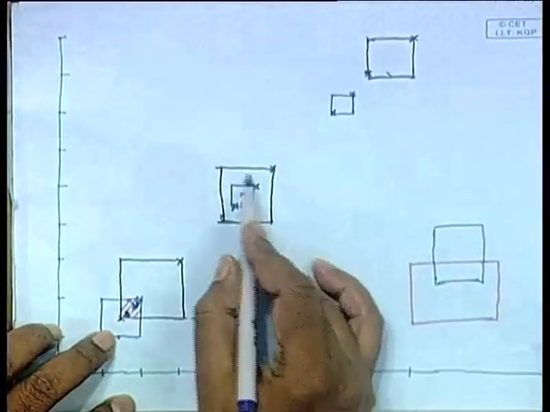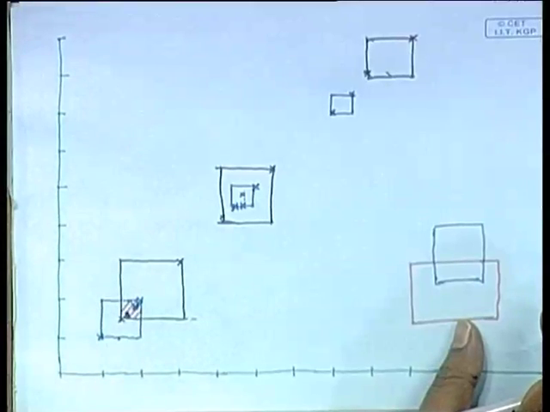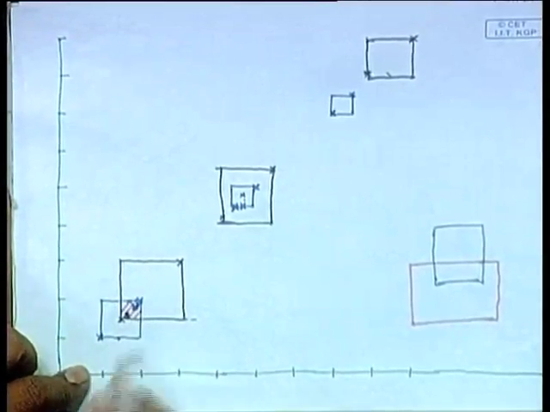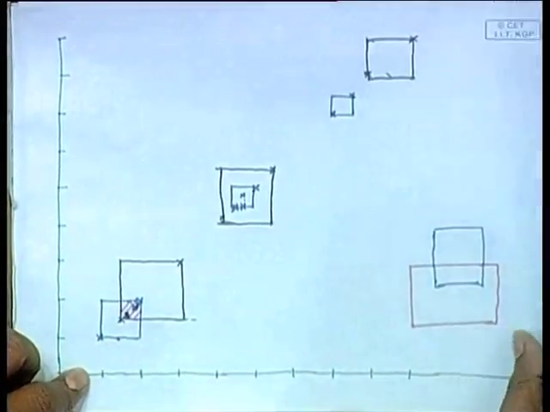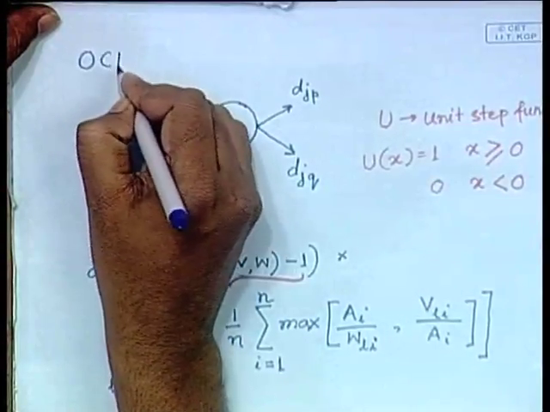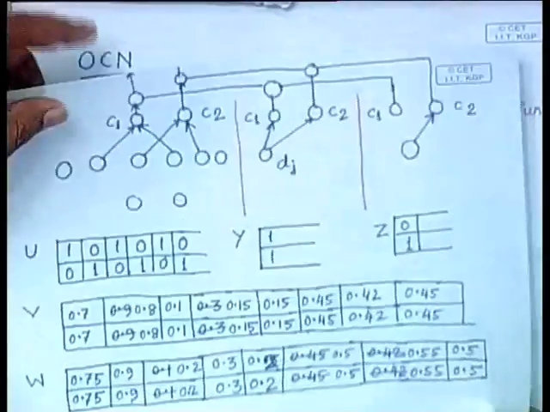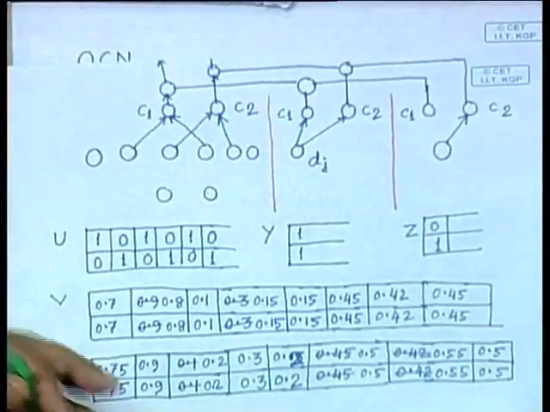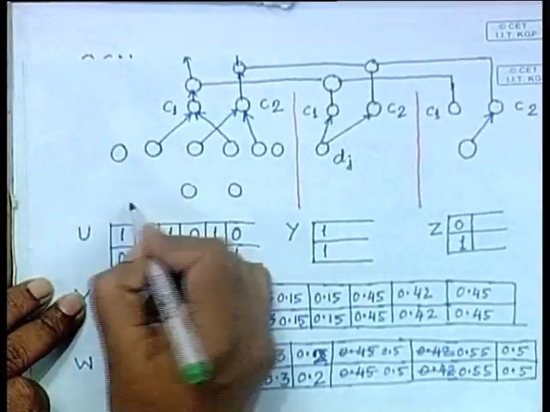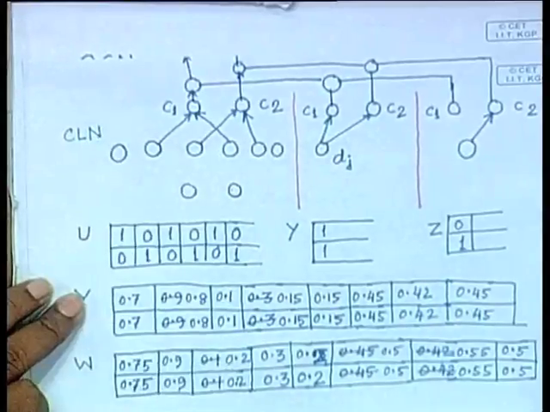Now, what about this containment compensation? As we said, the amount of compensation that you have to provide will be different from the amount of compensation that you provide in this case. Okay. So, this is what is given by the OCN, or overlap compensation neuron. I will put this as the CLN section, classifying neuron section.